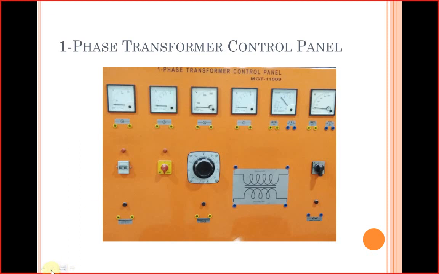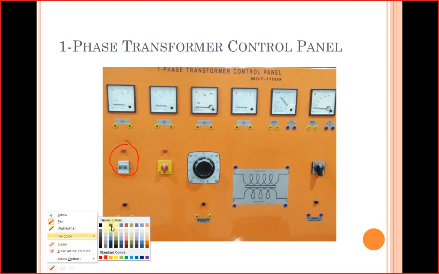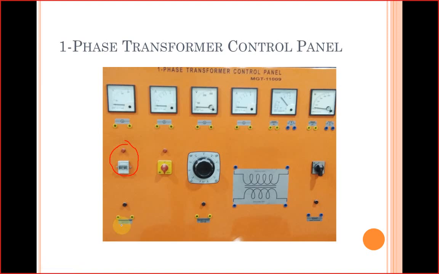Now this is what your panel looks like in your lab. First of all you have this miniature circuit breaker, which has current protection, and is also used to turn your panel on and off. Then you have a variable power supply, and using this knob you can vary the AC power, and below here you can see the connections.